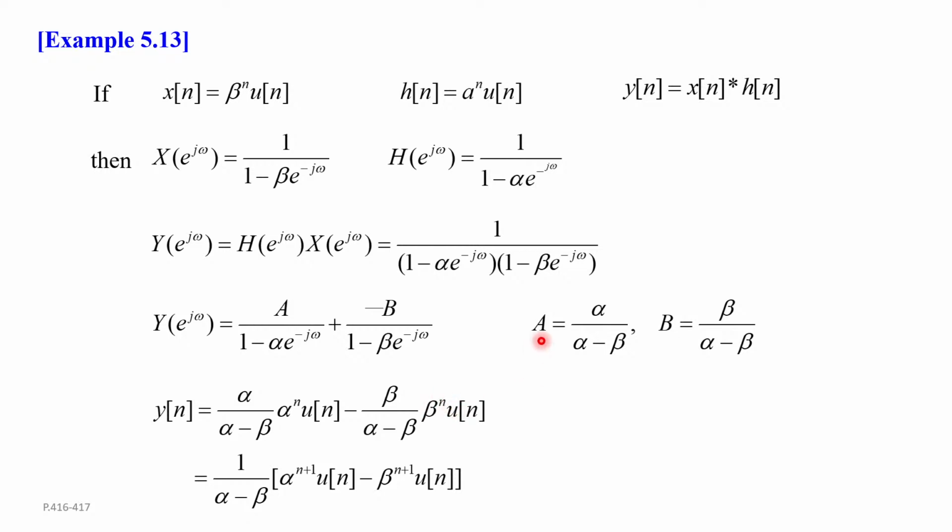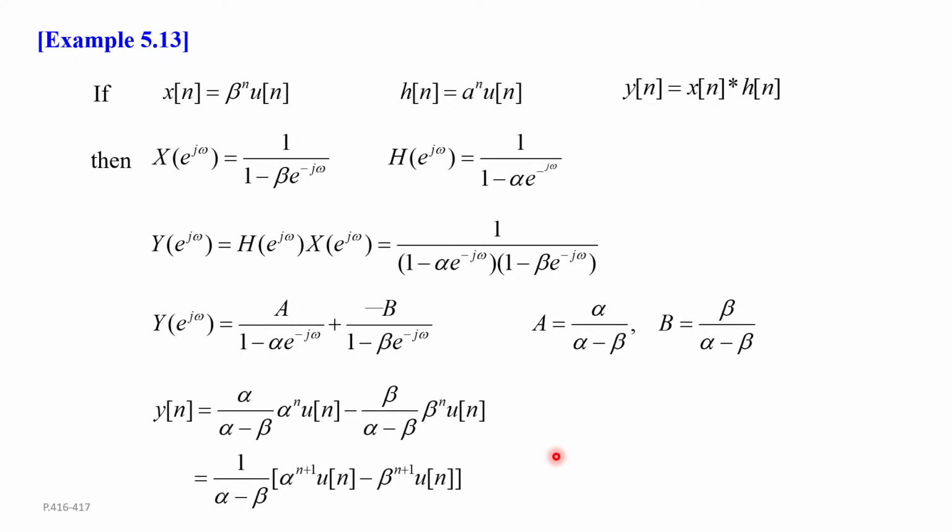And you can write everything together in a more organized way: alpha minus beta together, then multiply alpha in, then alpha to the n plus 1 u of n, minus beta to the n plus 1 u of n.